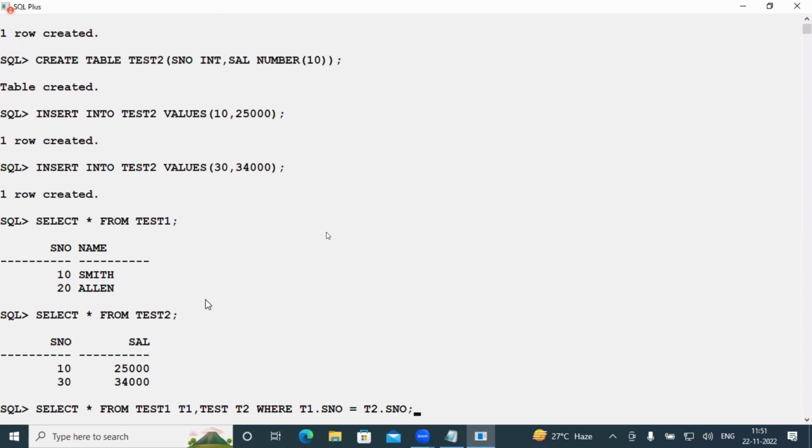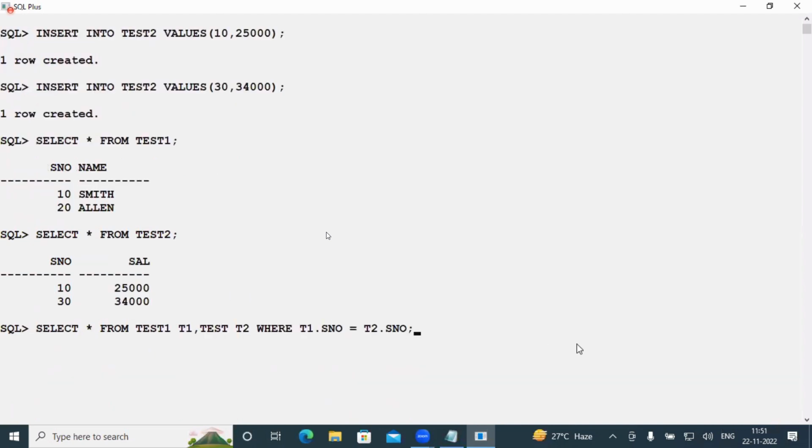If I'm using this, which join is this, guys? Yes, it is called equi-join. But I want non-equi-join, so don't use this. Instead of this, you can use, for example, greater than, or less than or equals to, whatever you can use.